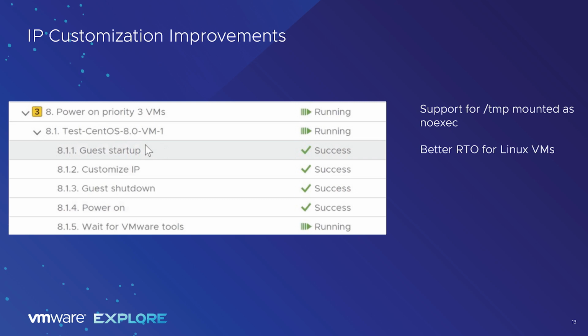It gives you flexibility to have new IPs at the recovery site. So now we are having support for the Linux VMs, the ones that have the temp directory mounted as non-exec. I know there were some security concerns with that, but now there's full support with that. So better RTO and RPO for the Linux VMs.